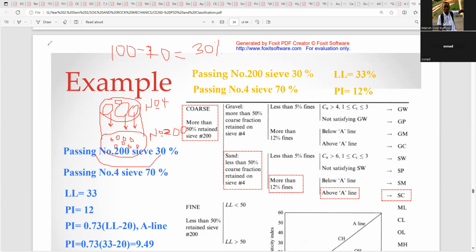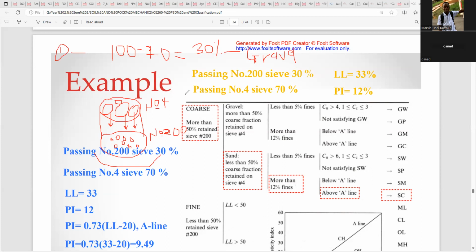So from this first equation, we can identify that our percentage of gravel is what? 30%. Please, is that clear? Yes, sir. Okay. So our percentage gravel, we've determined that to be 30%.